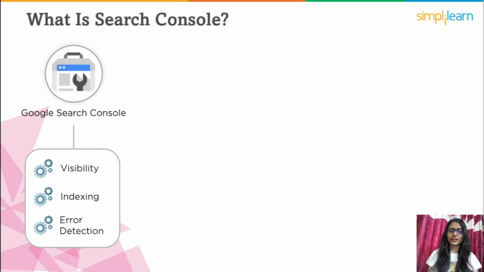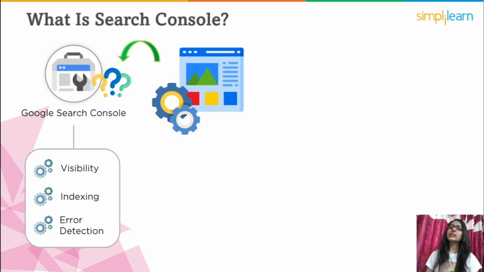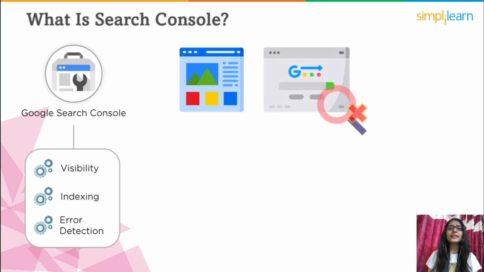After understanding what is Google Search Console, now we need to focus on why Search Console is an important part of search engine optimization. A website's technicalities are directly or indirectly related to Search Console. Consider you have created a website for your business, but for the past few weeks, your website is not visible in search result pages.